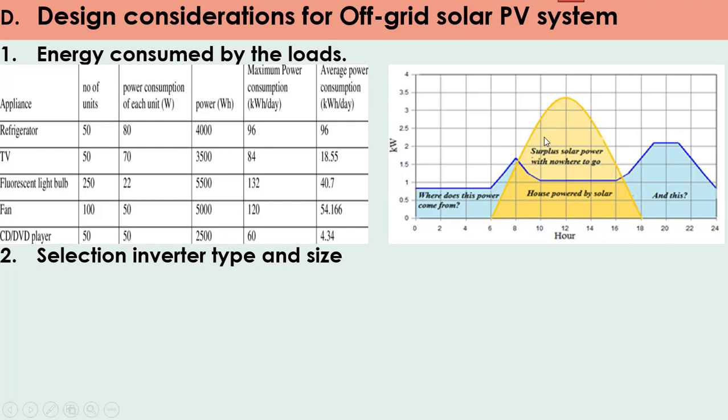So any excess energy will be stored in the battery bank, and the required energy under this blue line curve represents the energy consumed by the appliances in the home.